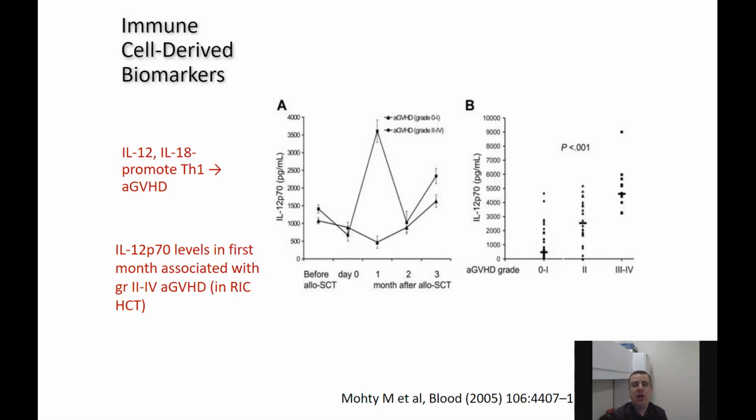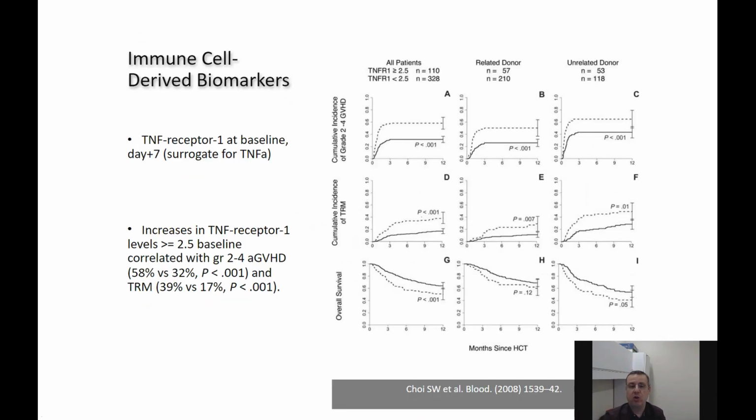IL-12, for instance, and IL-18 promote Th1 lymphocyte development and acute graft-versus-host disease. And this study demonstrates how IL-12 p70 levels in the first month after transplant are associated with grade 2 to 4 acute GVHD.